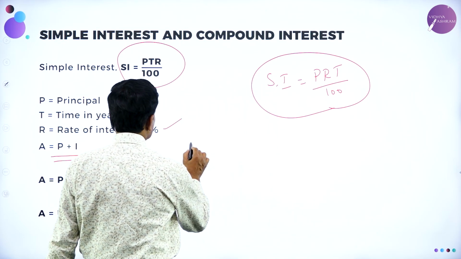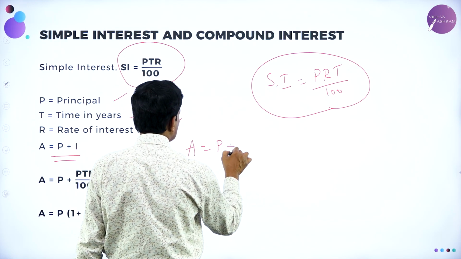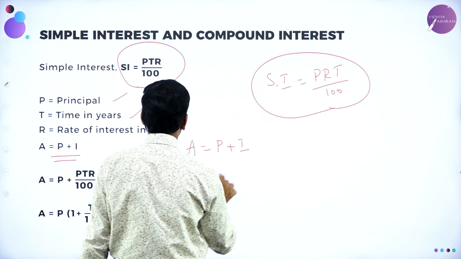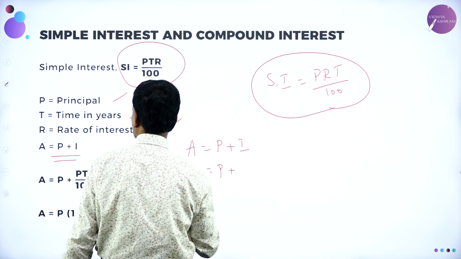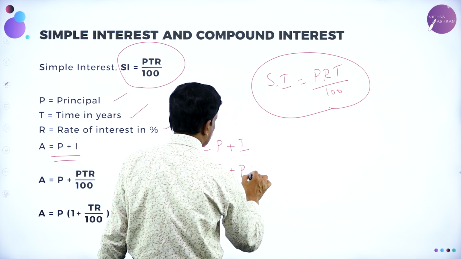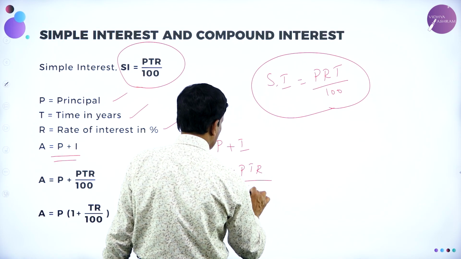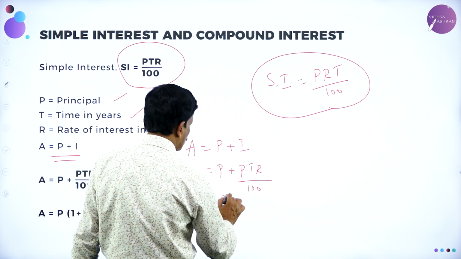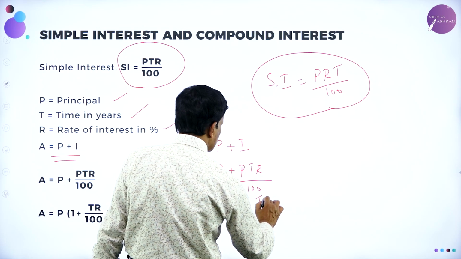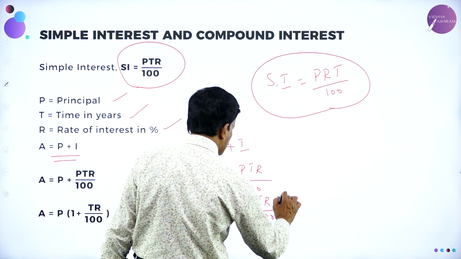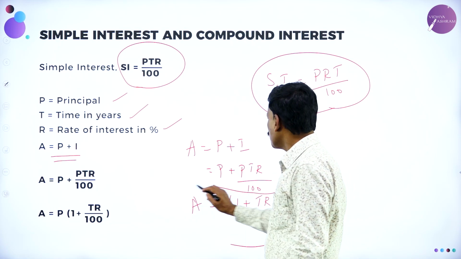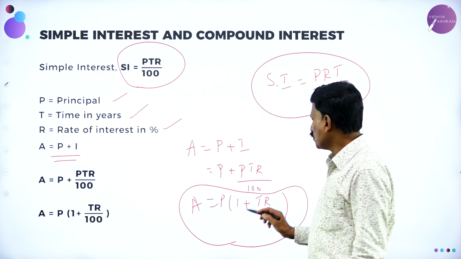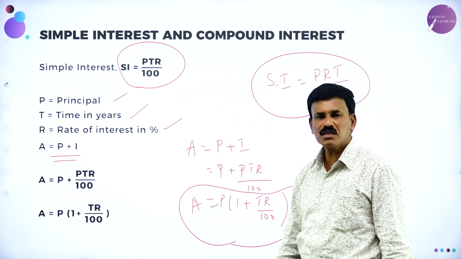So, the amount can also be calculated using the formula A equals P into 1 plus TR by 100.